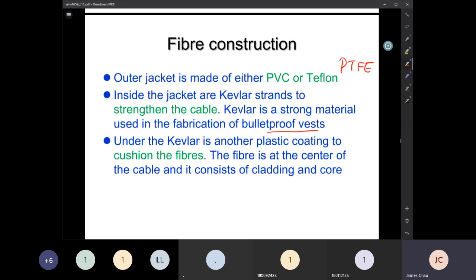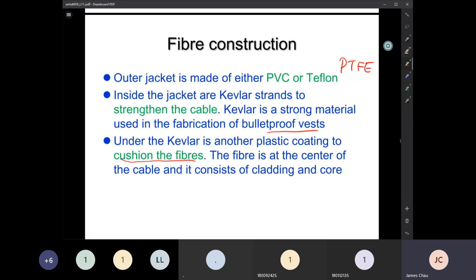In order to make the cable strong, we use this strong polymer material. Under the Kevlar, we have another plastic coating that makes the cushion of the fiber. Normally, when you have an optical fiber, we don't want to bend it, or otherwise you may break the cable.